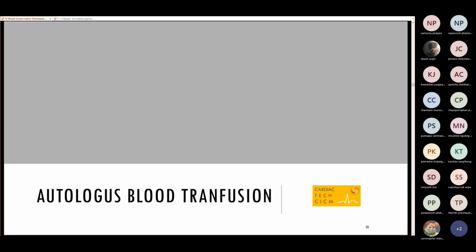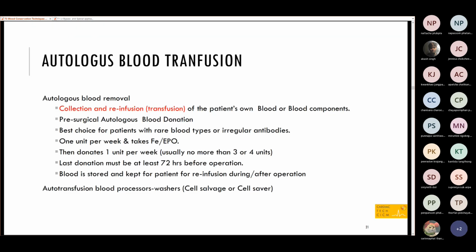I'm going to start from ABT, or autologous blood transfusion, here. What is autologous blood transfusion?